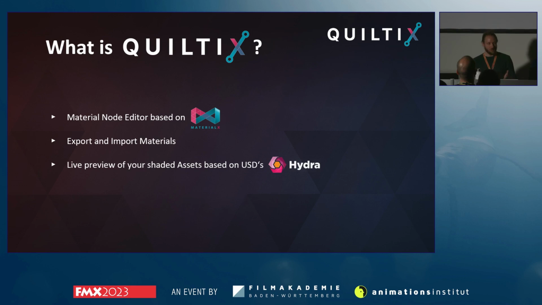What is QuiltiX? QuiltiX is a material node editor based on MaterialX. Quick head over to why MaterialX is really cool. MaterialX, next to other things, is an exchange format for materials. Imagine in 2015 you worked in, say, Arnold or RenderMan, and created your materials there.